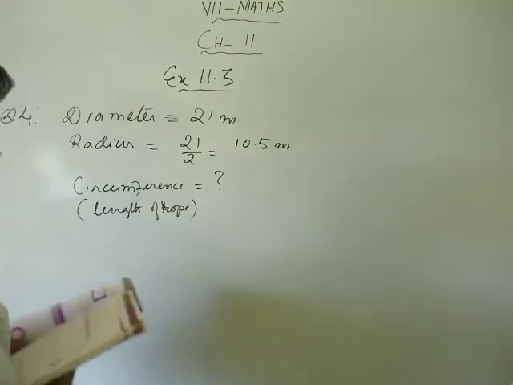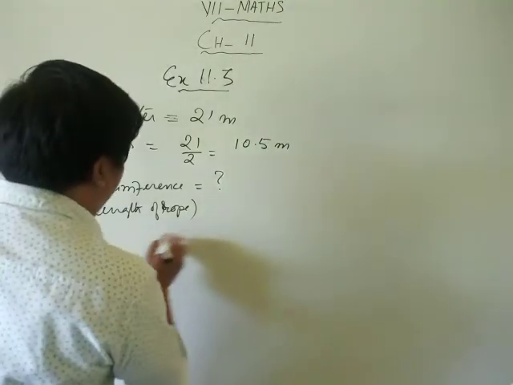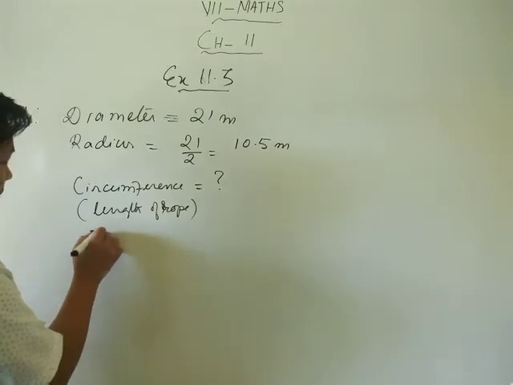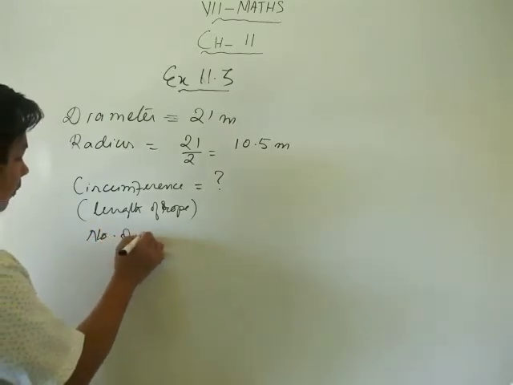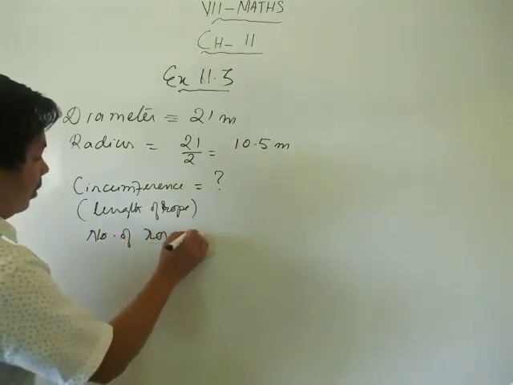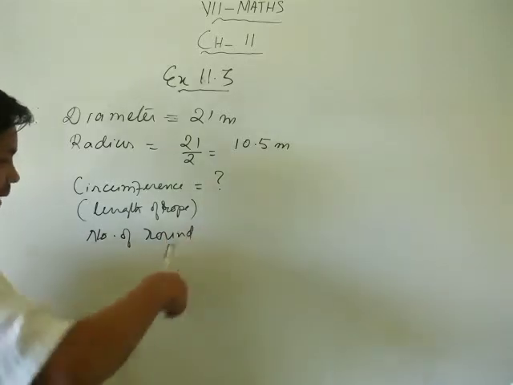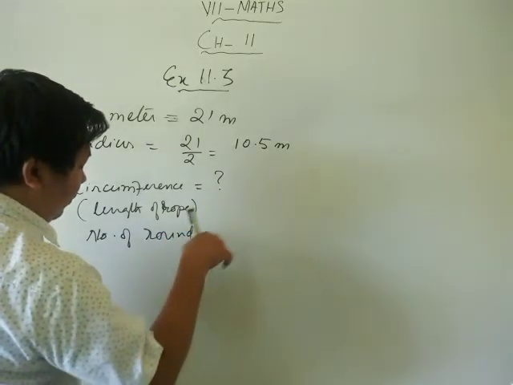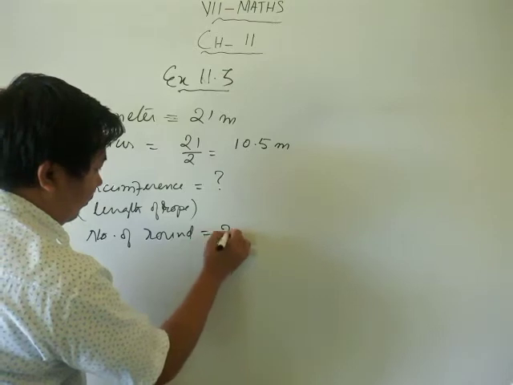Then what about the number of rounds? The boundary of the circular garden, the number of rounds is 2.